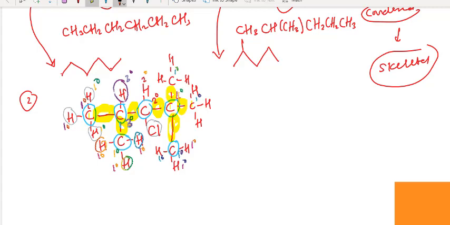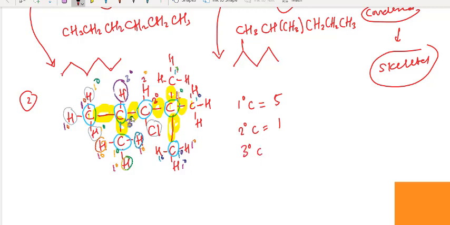So lastly, we can make a note here. How many primary carbon in this structure? 1, 2, 3, 4, 5. So we got 5 primary carbon. And how many secondary carbon in this structure? We got 1 here. 1 only. How many tertiary carbon?